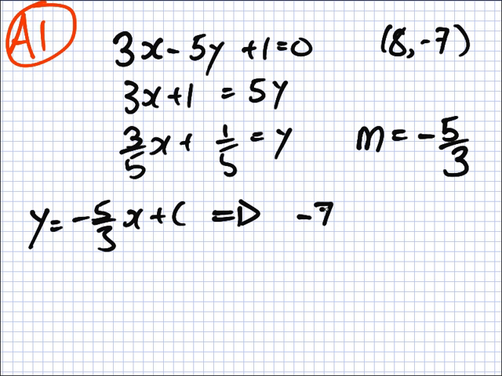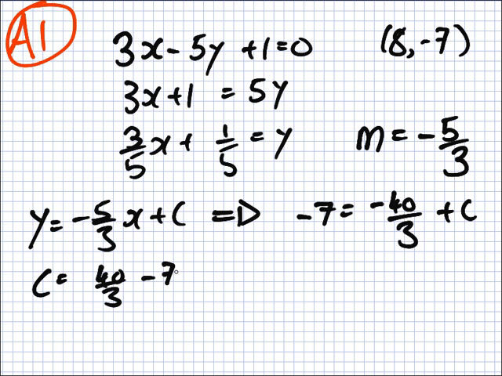We get minus 7 equals minus 40 over 3 plus c, like this. So that means c is 40 over 3 minus 7, which is 19 over 3. Is that right? Yeah.